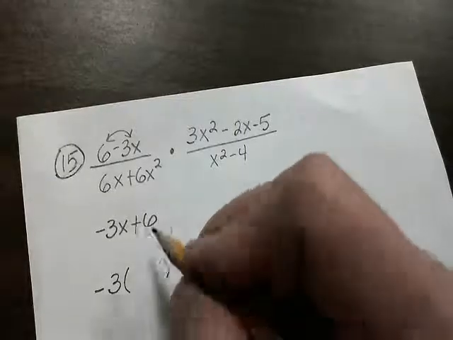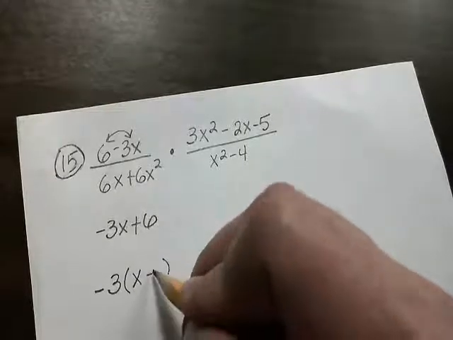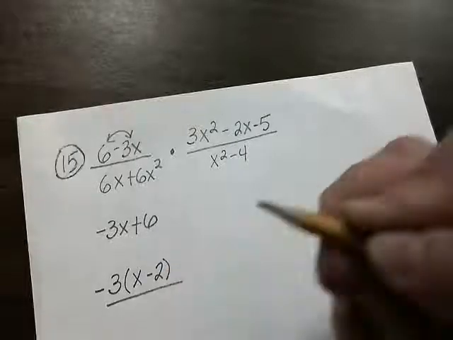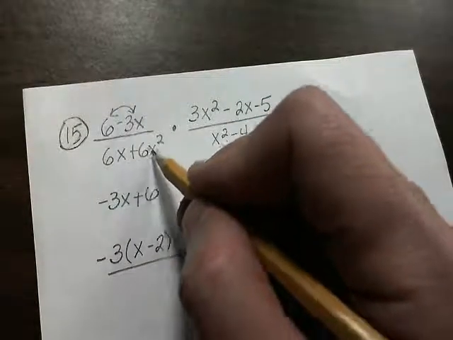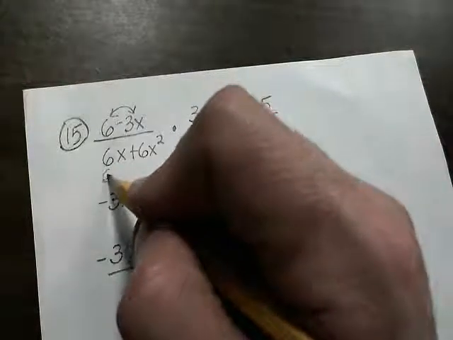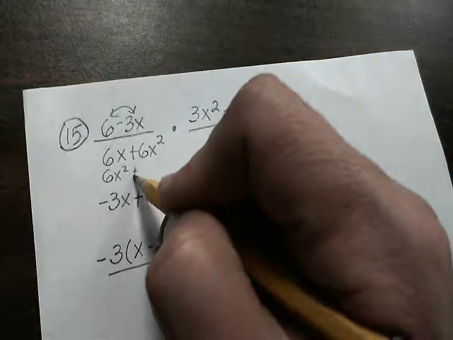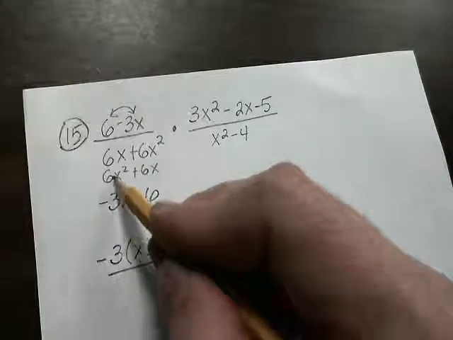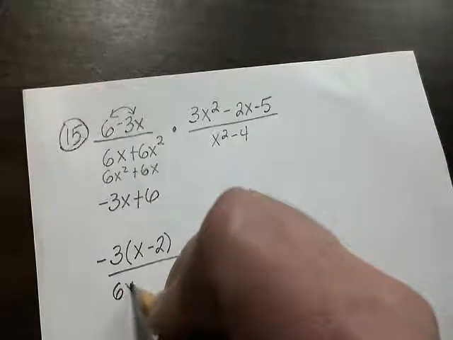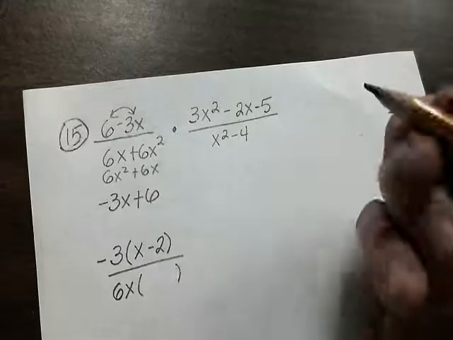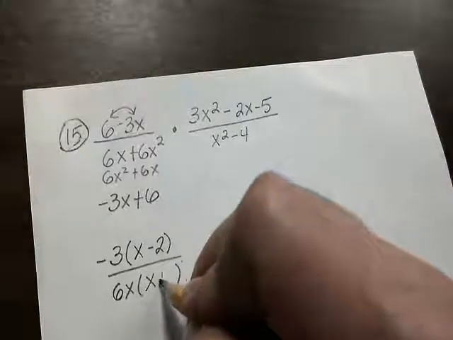So when I factor negative 3, I'm going to get x minus 2. On the bottom, I notice that 6x and 6x squared are out of order, so I'm going to write 6x squared plus 6x. And ask myself, what can I factor from these? I can factor out a 6x. So this would be x plus 1.